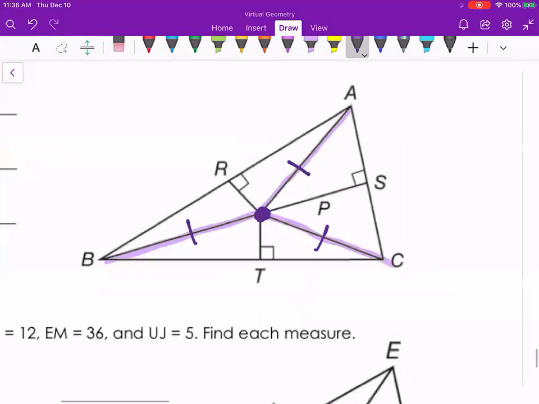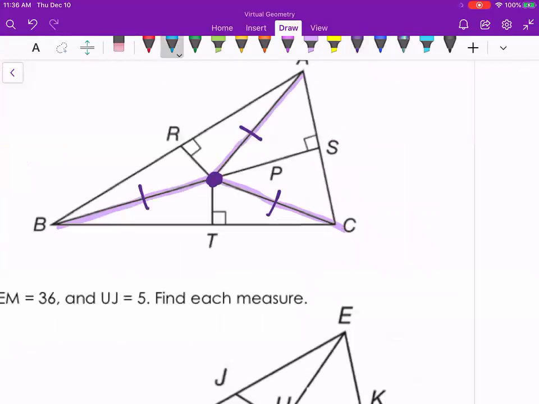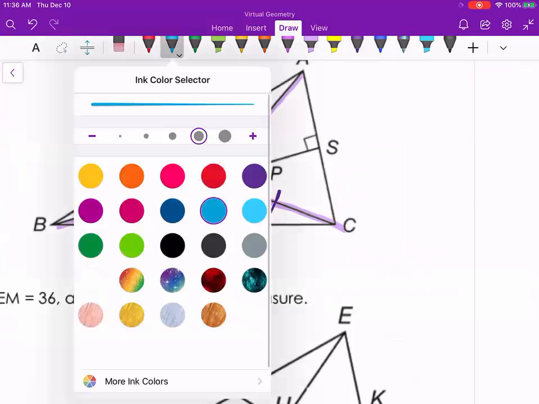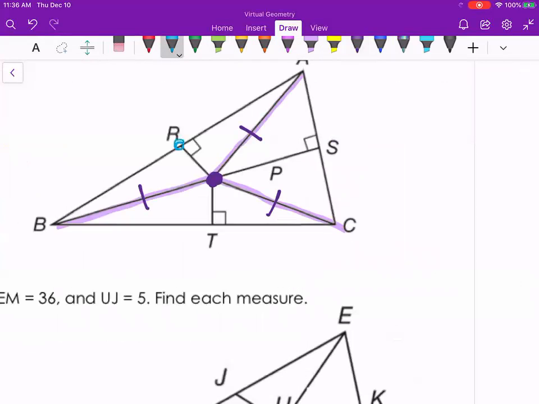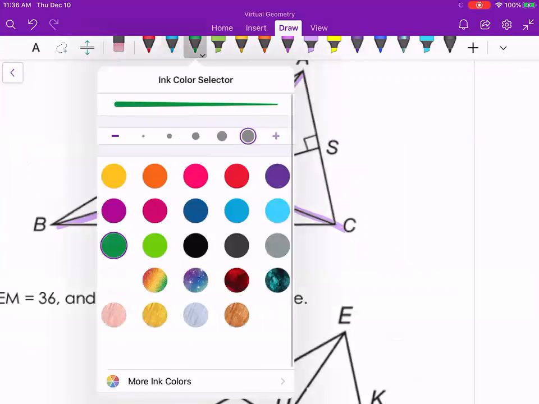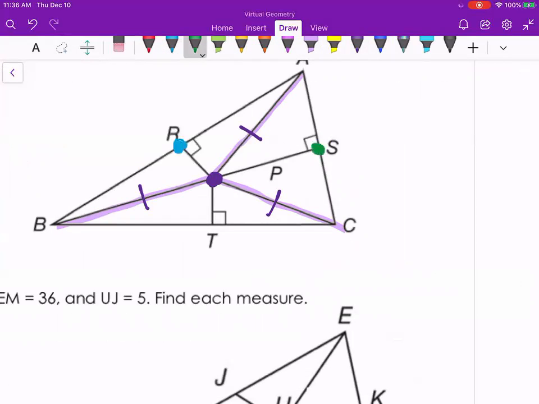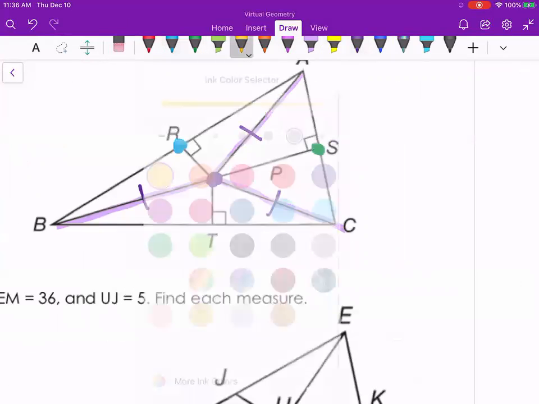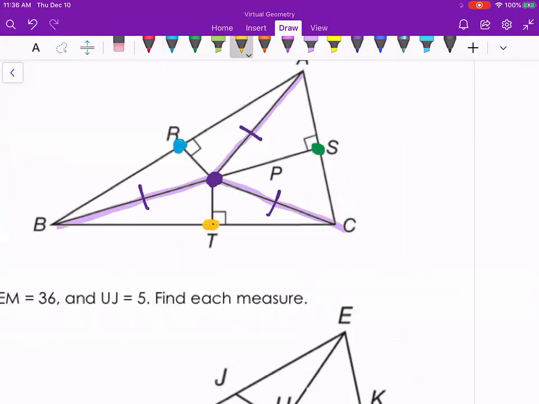Now let's find the rest of the information. We talked about how those dots where all of the 90s are midpoints of the sides. So on either side of T, it is congruent.